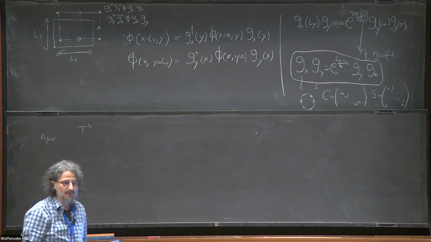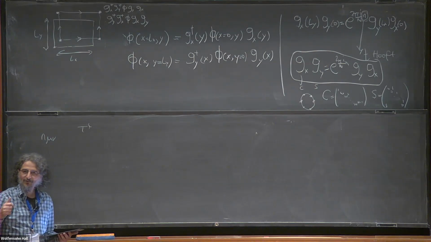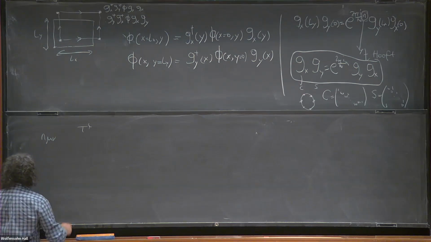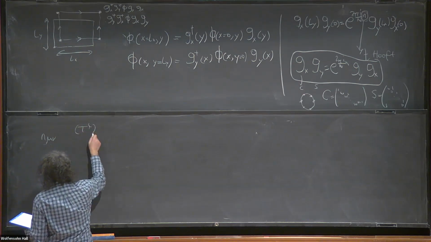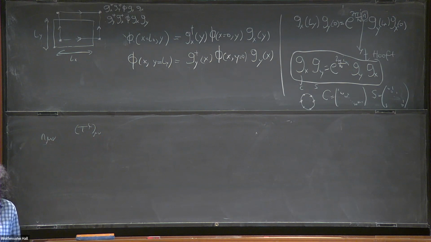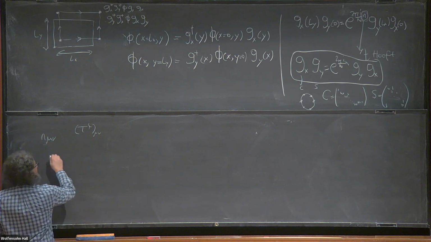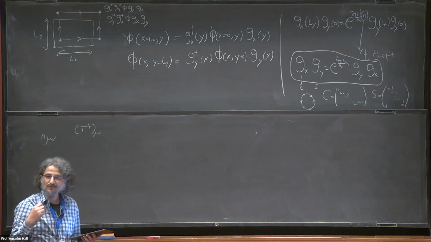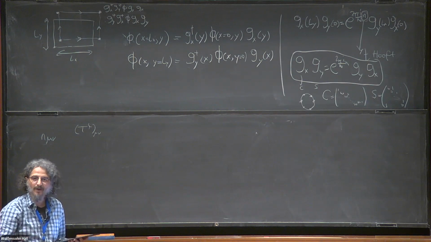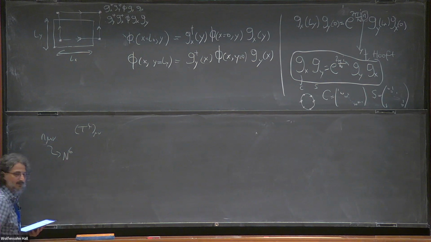Six of them: 1-2, 1-3, 1-4, 2-3, 2-4, and 3-4. You can define these integers as 't Hooft fluxes passing through the mu-nu cycles of the torus. Each one of them is valued from 1 to N, so there are N to the 6 possibilities.